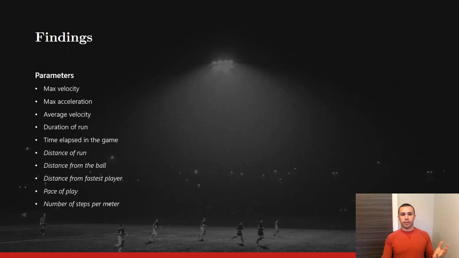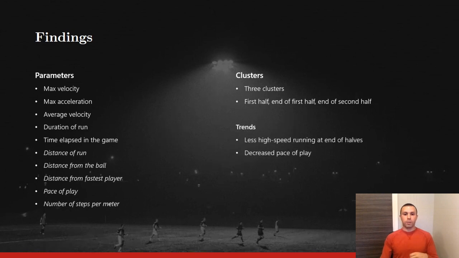So what do we find? Well, we pulled out all these parameters. Some of them are still being worked on, the italicized ones are. But we found that we have 3 clusters of runs that we can compare behavioral changes to. One's in the first half, one at the end of the first half, and then one at the end of the second half. We see our trends match what the literature says.